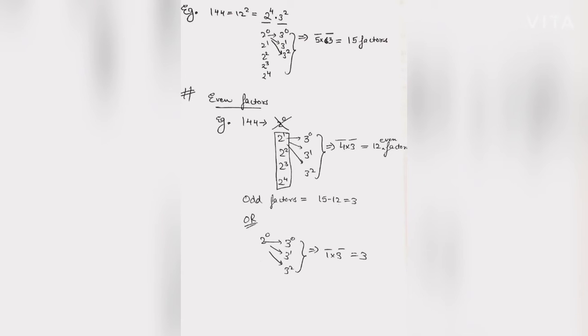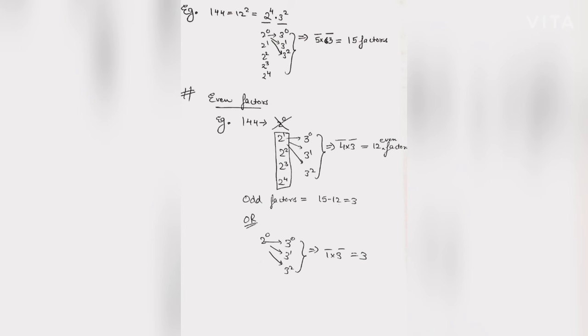Alright, so another example, 144, which is the square of 12, can be written as 2 raised to the power 4 multiplied by 3 raised to the power 2. In the same way it can be written in a tabular form, where the left column denotes every power of 2 and the right column denotes every power of 3 it contains. Every power of 2 can be combined with a power of 3 to give a factor.